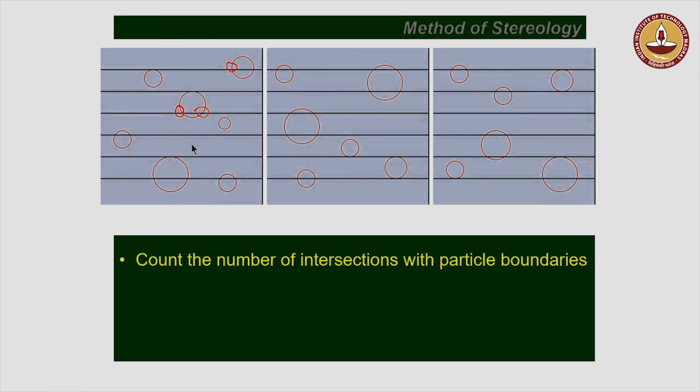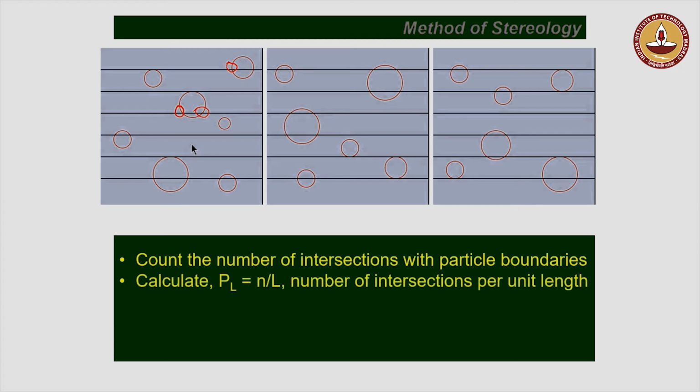I have just highlighted only 3 of them, and then let that be small n in a particular image. In this image I will get some small n number of intersections.